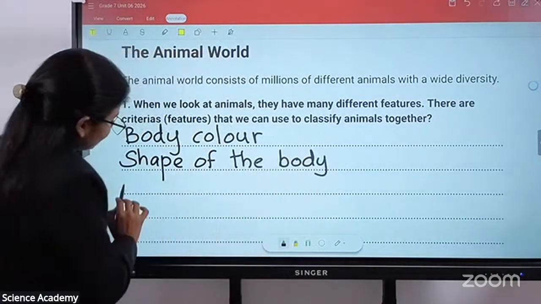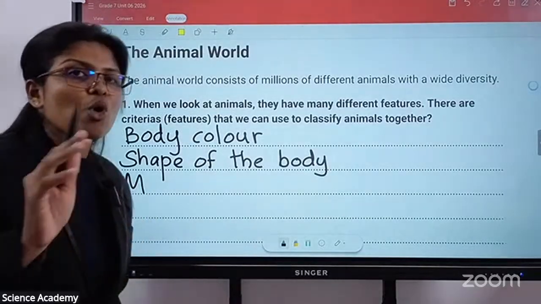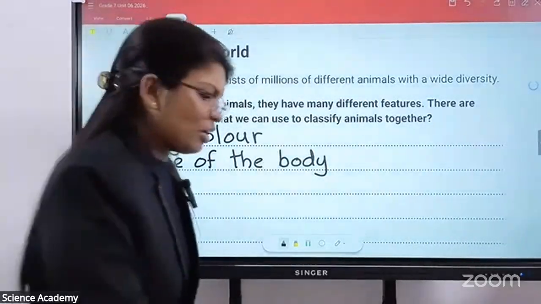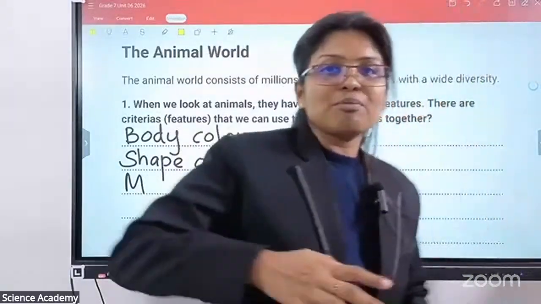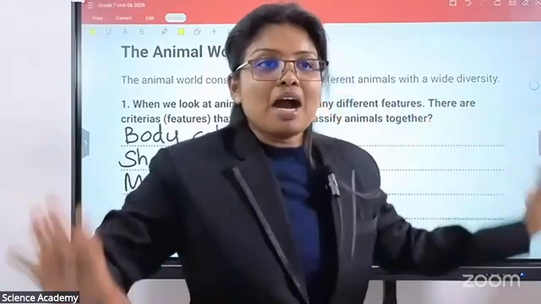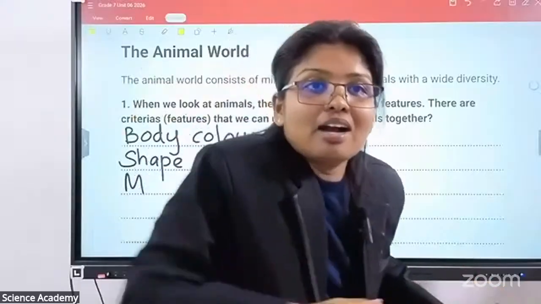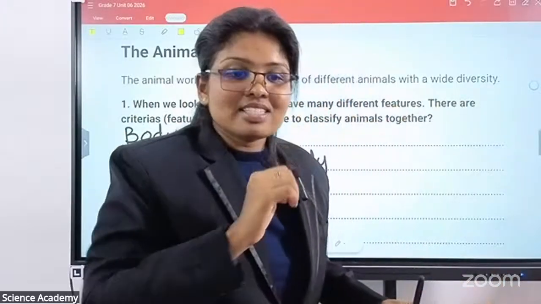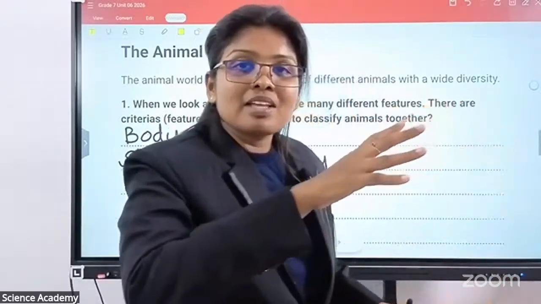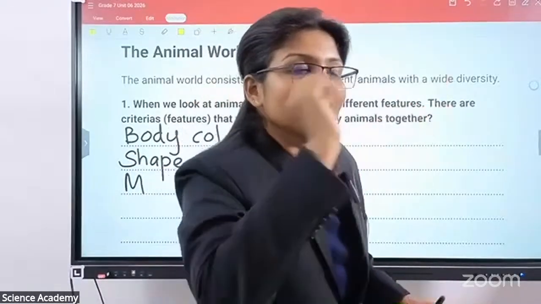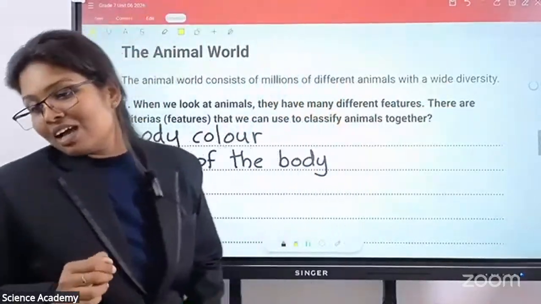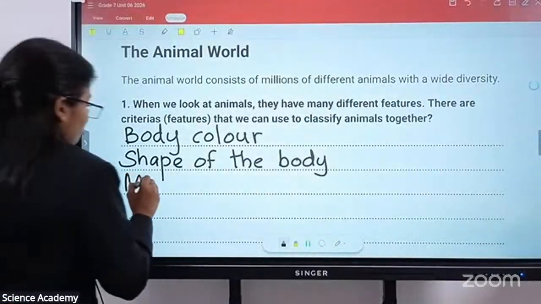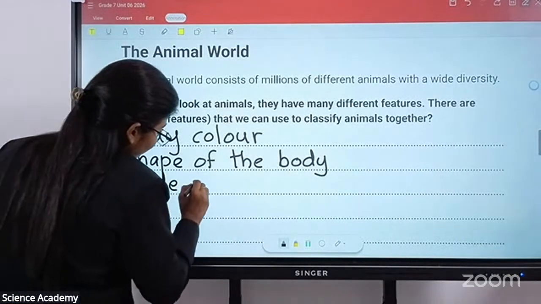Then mode of locomotion, which means moving from one place to another. Some are swimming, some flying, some gliding, some creeping, some fluttering, like a butterfly.